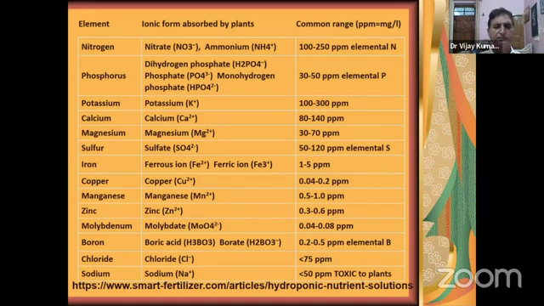Zinc, then molybdenum in the form of molybdate, and boron in the form of boric acid. Chloride in the form of chloride, and sodium in the form of sodium. Then we have the common range of fertilizer which should be in the nutrient solution.